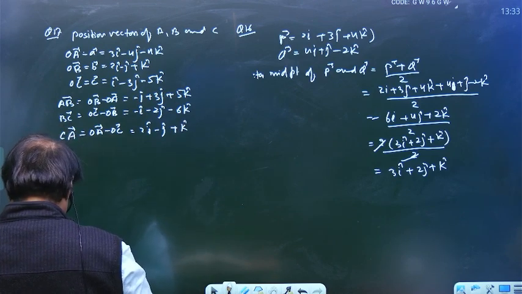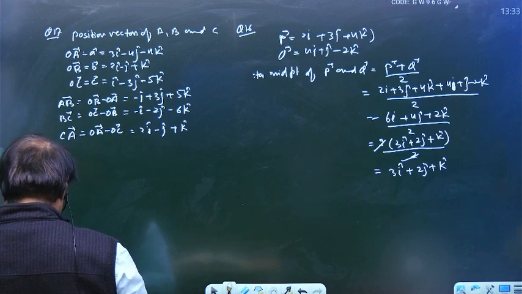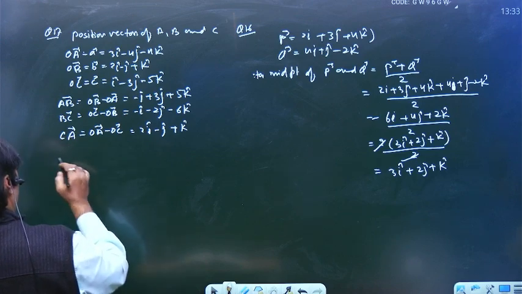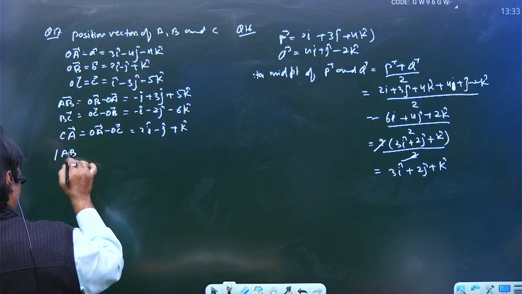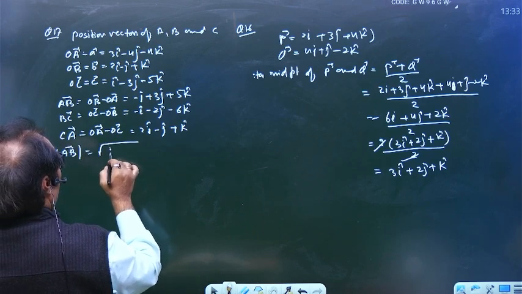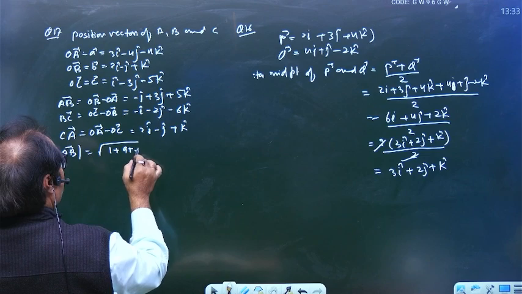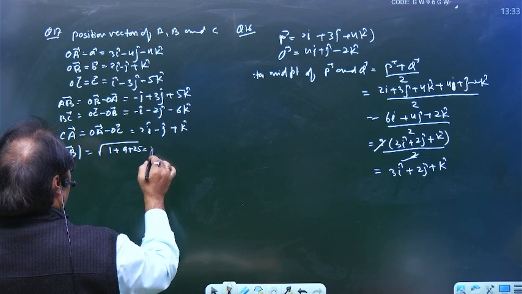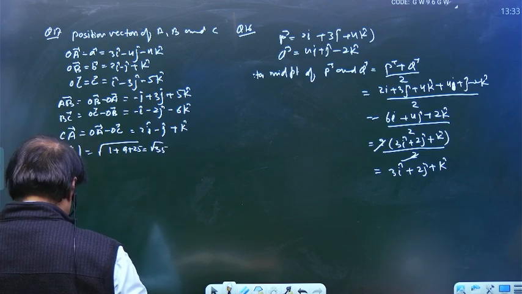This is the vector CA. And now find the magnitude of AB. This is equal to root over 1 plus 9 plus 25, that is root 35.